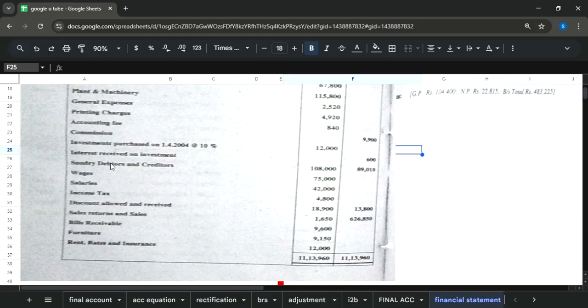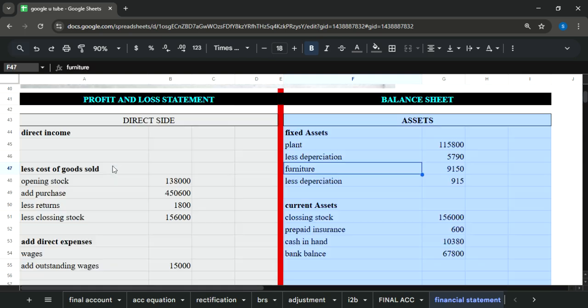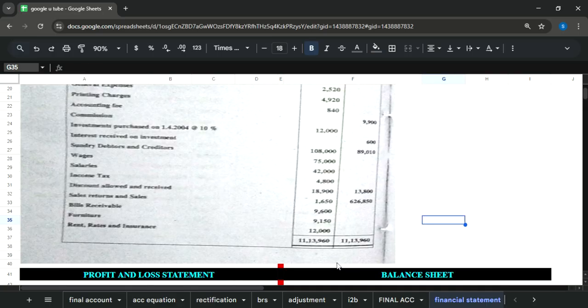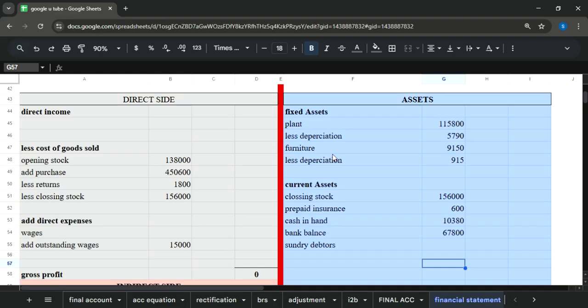Assets should be written on debit side, so this amount 108000 is amount of debtors. For that purpose, you will go to your asset side. Current asset side, you will mention sundry debtors, and now you will see how much amount of debtors, which is 108000.